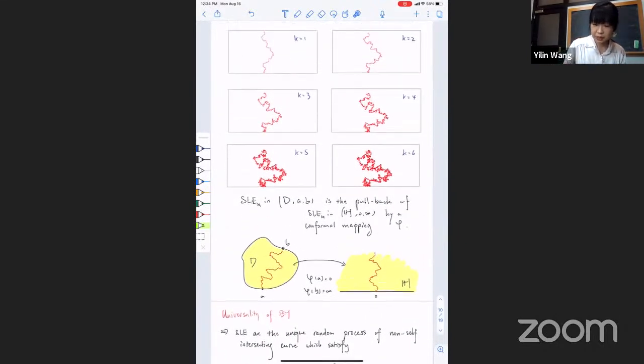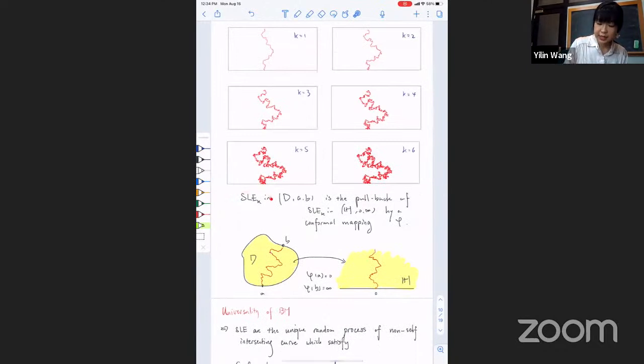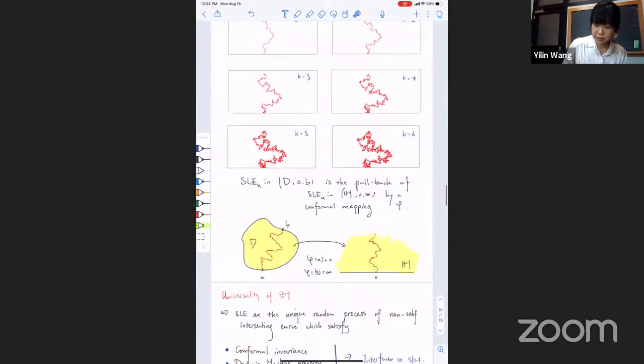And in my talk, I will be especially looking at the case when kappa is very small, when kappa goes to 0. SLE_kappa inside another simply connected domain from A to B would be the pullback of SLE_kappa in the upper half plane by a conformal mapping phi. Here phi is a conformal map from D to the upper half plane, sending A to 0 and B to infinity. On the right-hand side, you know how to define an SLE, and the SLE in the domain on the left-hand side will just be the pre-image of this curve.